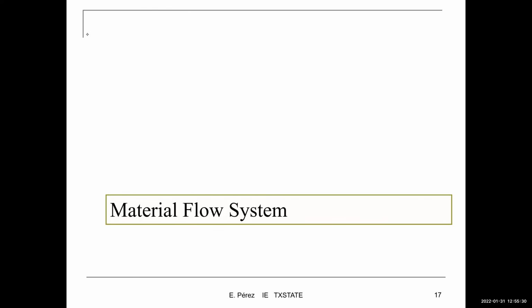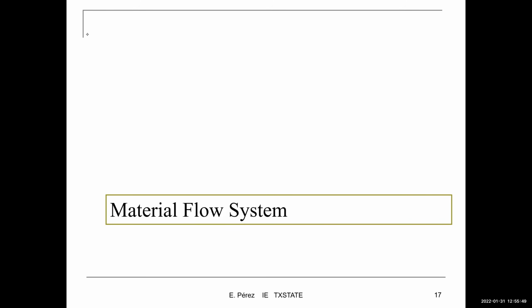Questions? Keep in mind, what we're trying to do here is give you an overview. If you're not familiar with flow within, inside, and outside the facility, this gives you a good perspective of all the things that are happening.